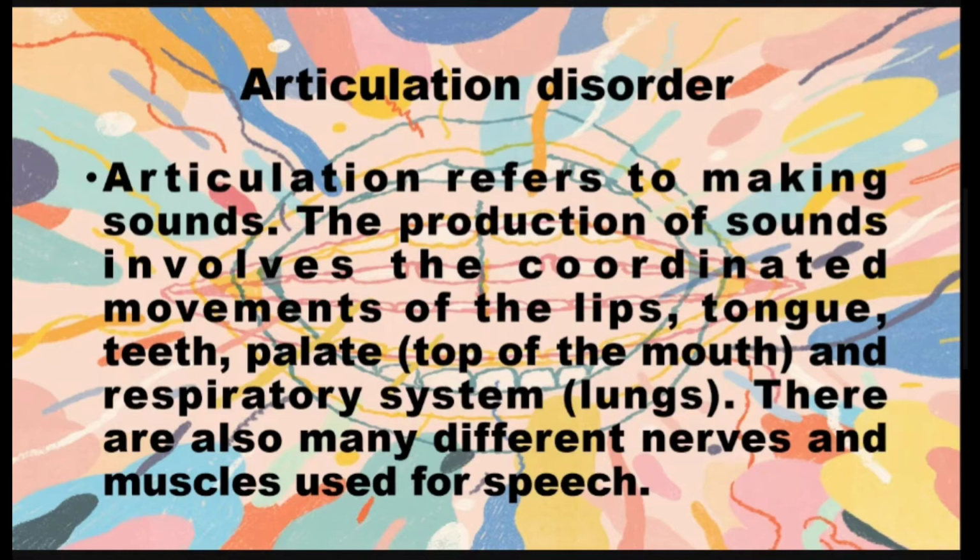That is an example of articulation disorder when a child cannot pronounce certain letters or words. There's also another child who cannot pronounce the sound R. Instead, he pronounces R as a W. If he means to say rabbit, what he says is wabbit. That is articulation disorder.